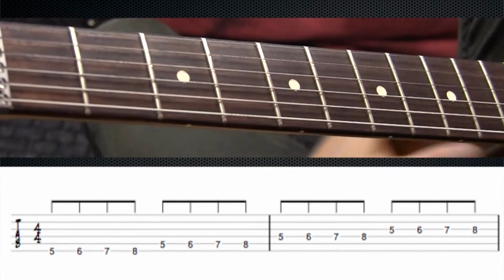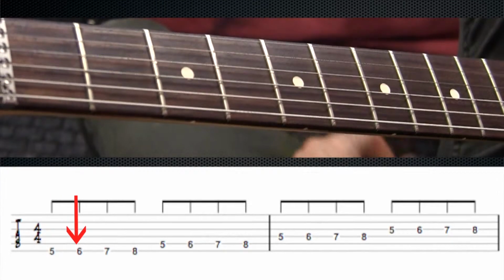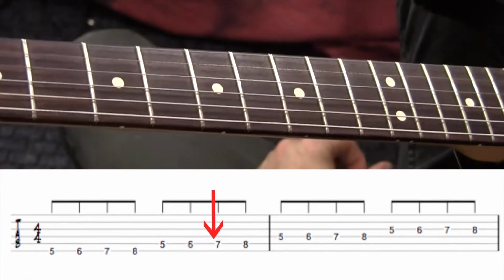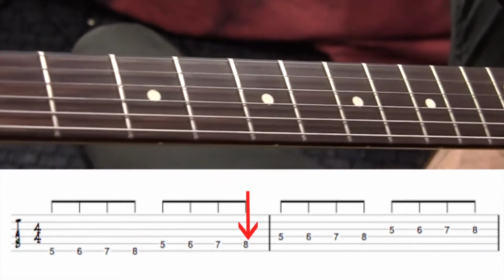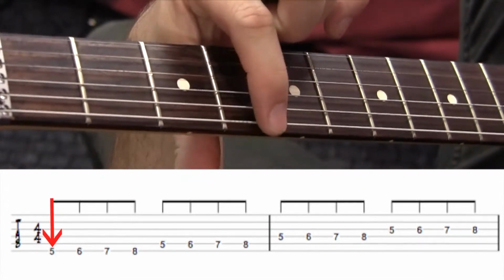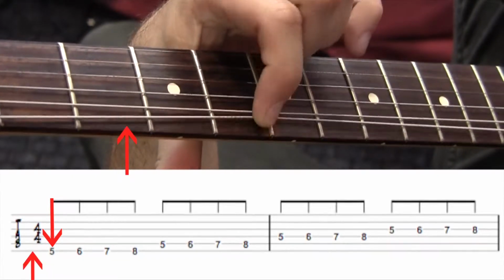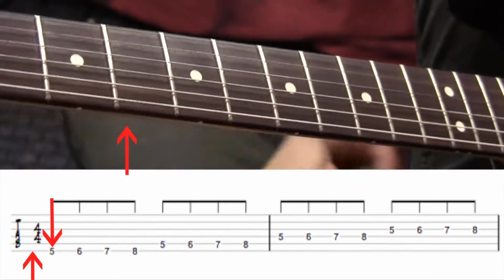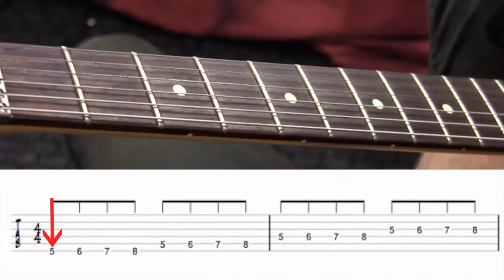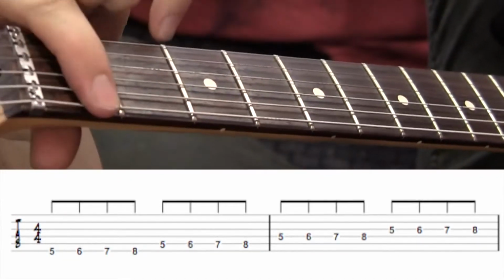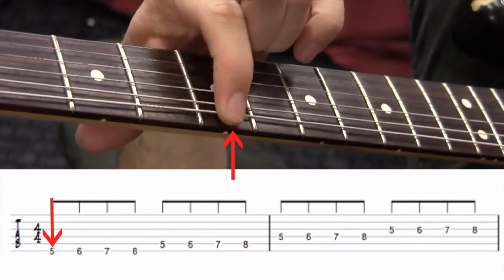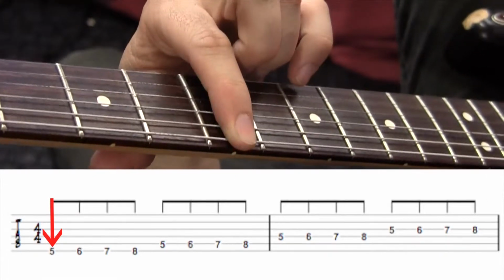Now, what we've also got on the tablature is these groups of numbers going down through the music. The first number we come to is the 5, and you notice that's sitting right on top of the 6th string, which is the low fat one. So that 5 means we play the note behind the 5th fret, and you'll see here a video of me holding my finger on the 5th fret.